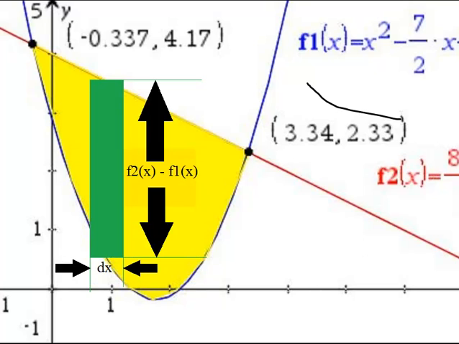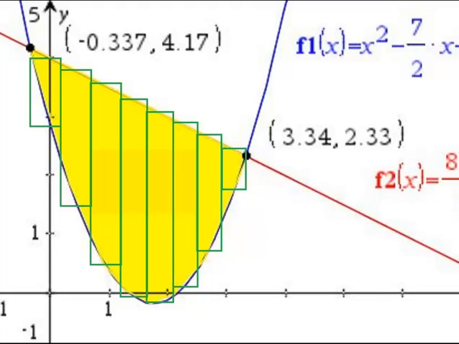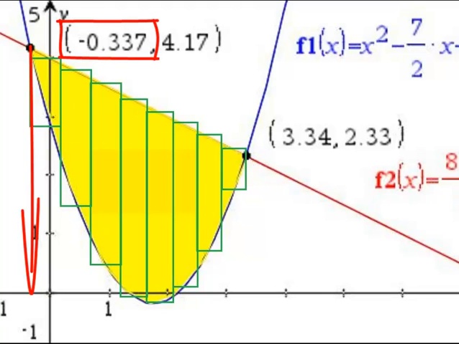So now we know what to sum up. The remaining issue is where to begin and end the sum. So where do those rectangle widths dx begin and where do they end? Well, the dx begins at the leftmost x-coordinate, and that would be the x-coordinate corresponding to the leftmost intersection point, for which we presently have a 3 significant digit approximation.